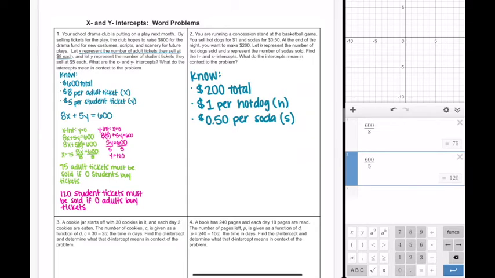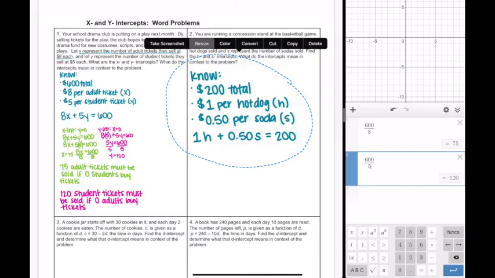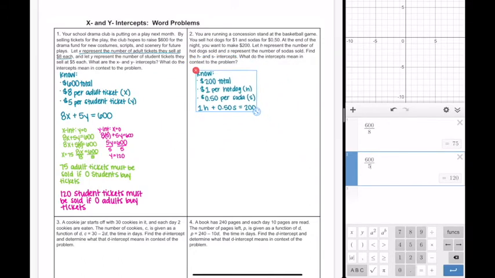So as an equation, you're going to sell $1 hot dogs, so $1 per hot dog, plus 50 cents per soda, and you want that total when you add them together to be $200. Now what do we need to find?